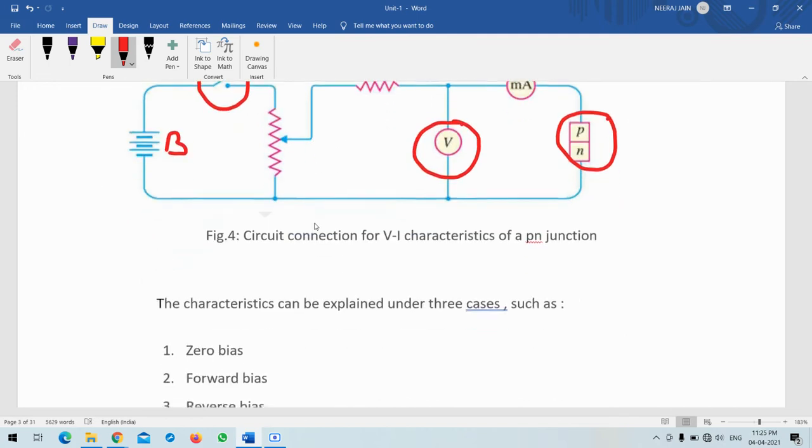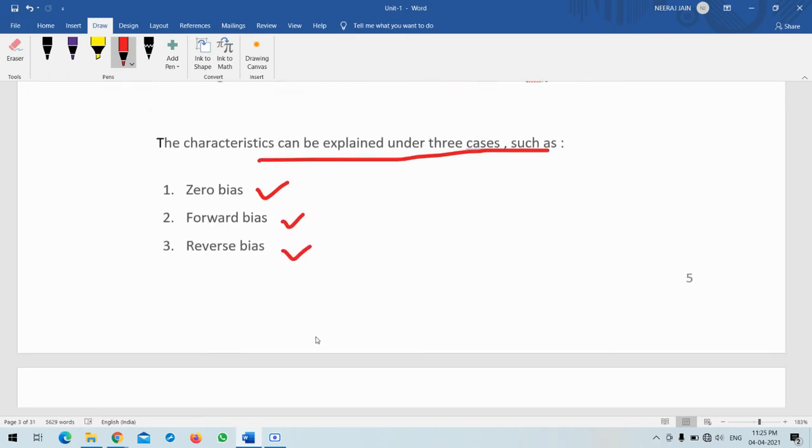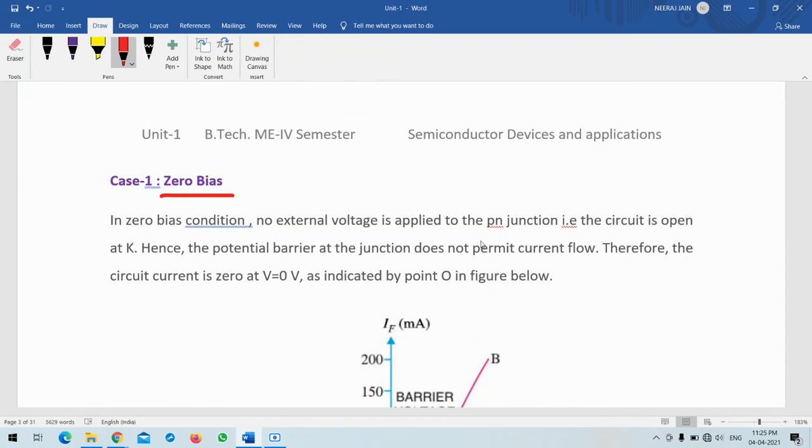Now what happens? The characteristics can be divided into three categories: first, zero bias; second, forward bias; third, reverse bias. So in the case of zero bias, no external voltage is applied to the PN junction, as we have seen earlier, and the circuit is open.